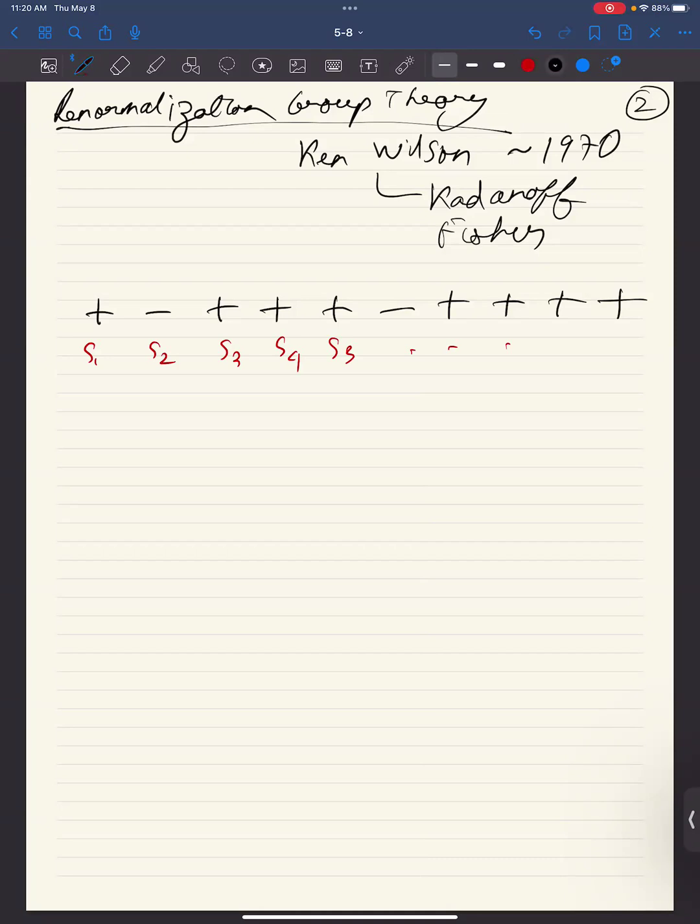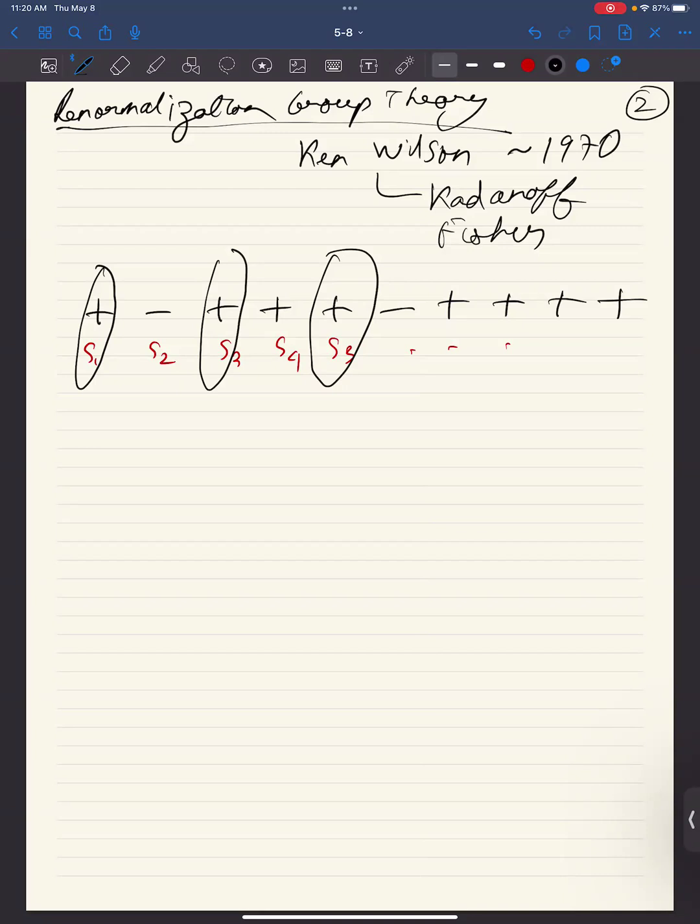But what if I decide to ignore every even spin or every odd spin, whichever you pick? What if I try to look at the system every other spin at a time? What I have done in this procedure is reduce the number of spins by 2. What is the physics of that system going to look like relative to the physics of the original system? The physics might be very different, but maybe it will be very similar.